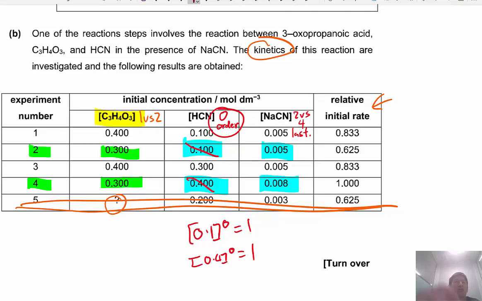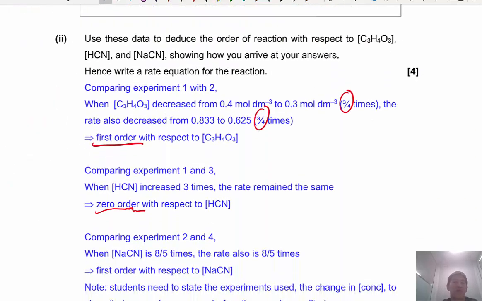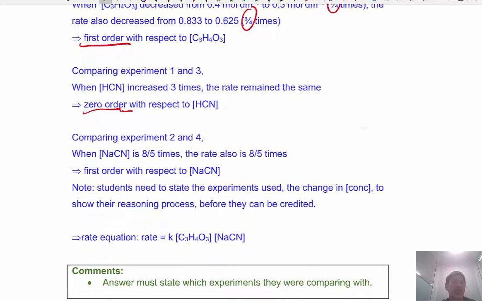So essentially, it doesn't even matter, right? So you look at this, oh, it increases 8 over 5 times. It increases 8 over 5 times. Oh, yeah, first order. If you realize this, you don't even need to use mathematical method. If you use mathematical method, nothing wrong, definitely acceptable. But these are things you can use as a shortcut.